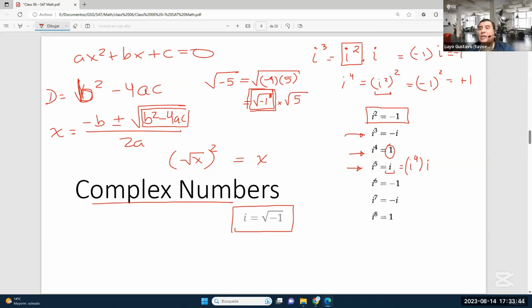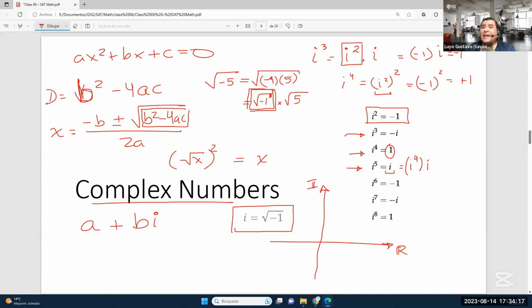And usually the notation is like this: A plus B times I. We represent these numbers as points on a coordinate plane. Imagine this coordinate plane where the horizontal axis is the real domain and the vertical axis is the imaginary domain.